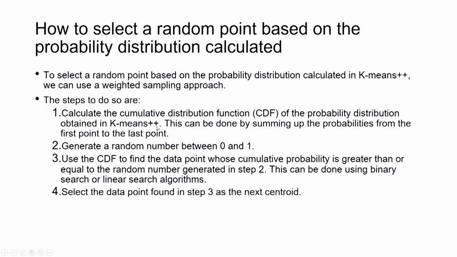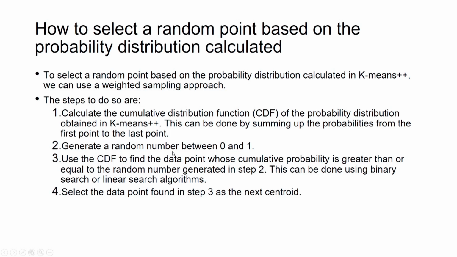After getting the distance, we will take the square of that distance, convert it into probabilities, and from those probabilities calculate the cumulative distribution function. Then, how do we select the next centroid?